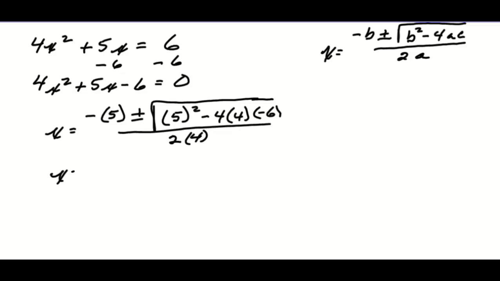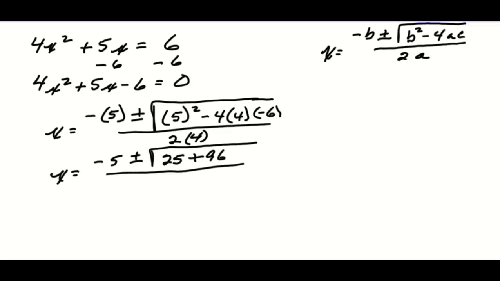This now becomes x equals minus 5 plus or minus the square root of 25. Minus 4 times a 4 gives me a negative 16, and a negative 16 times -6 should be a positive 96. And that's all over 2 times 4.